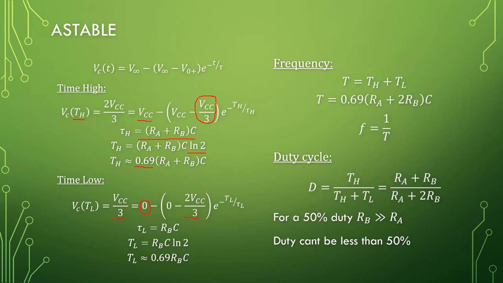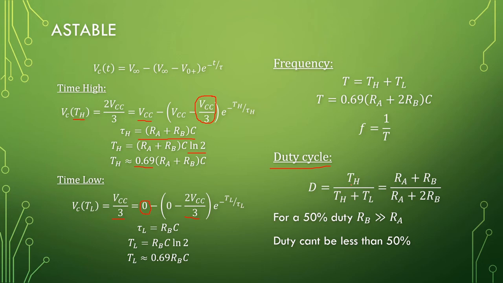Then, since we have two different resistors, these two times differ from one another. So we can have a duty cycle for our output. Now, duty cycle is the time spent high and the time spent low as percentages. Okay, so typically the time spent high is important.